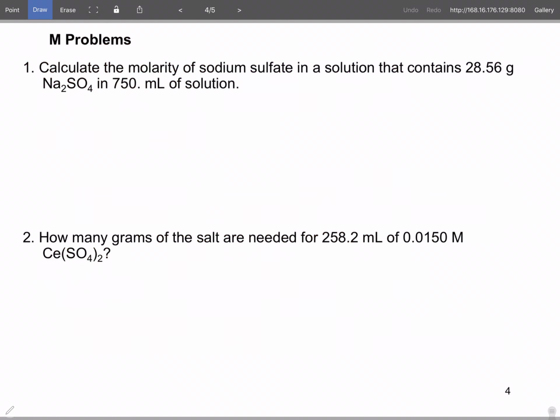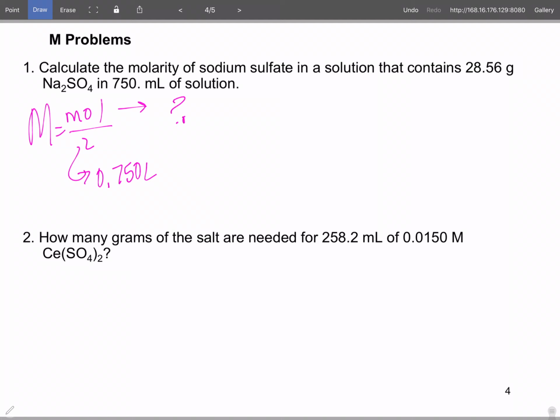All right, so we're going to work a couple problems. Calculate the molarity of a sodium sulfate solution that contains 28 grams in a solution. So remember, molarity is moles per liter. Well, if you look at it, you've got the liters. That's 0.750 liters. We have to put it in liters. So what we need is the moles.